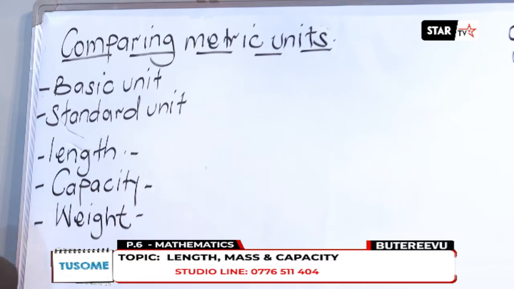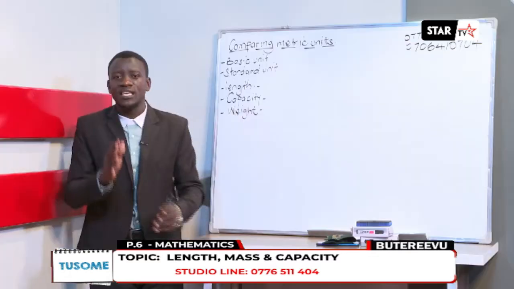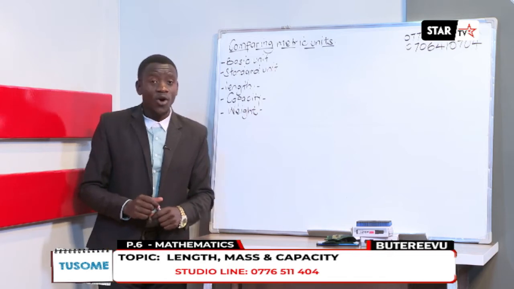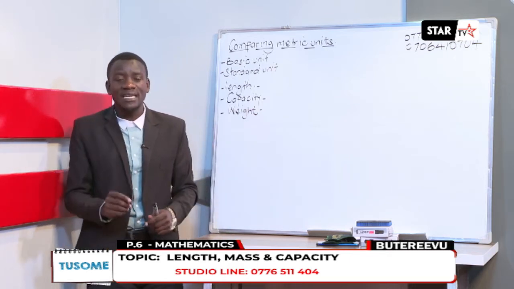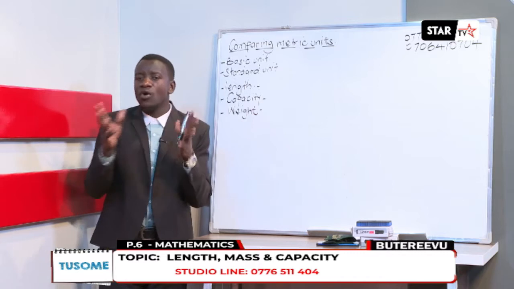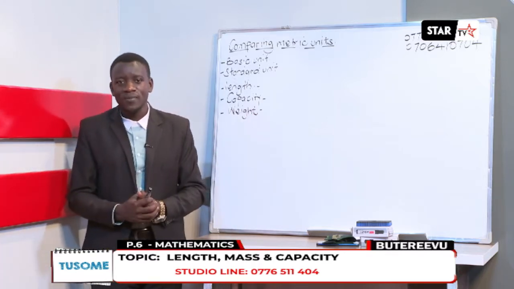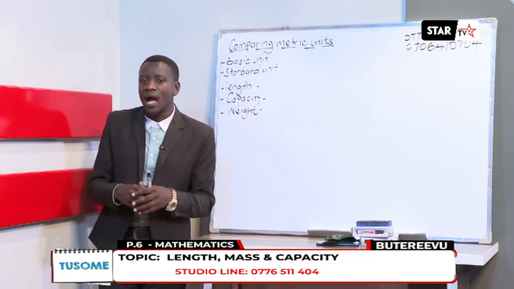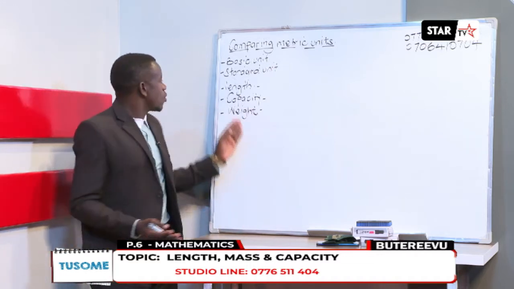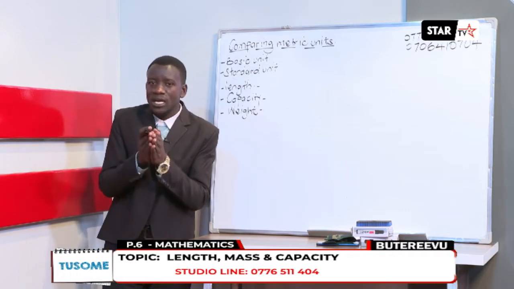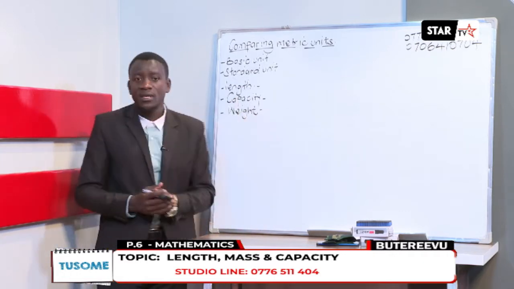These are what we call the basic units, or the standard units, where all other metric units come from. What could be our other units when we are measuring in length?